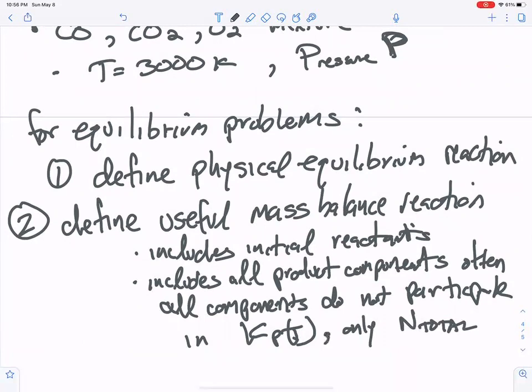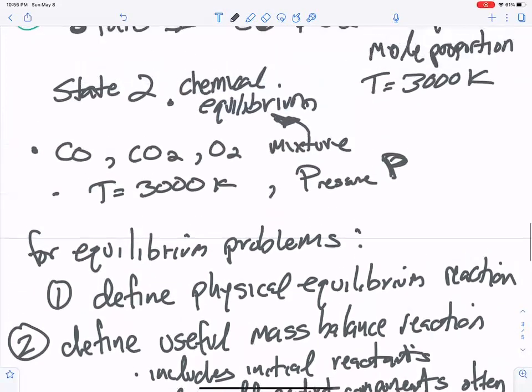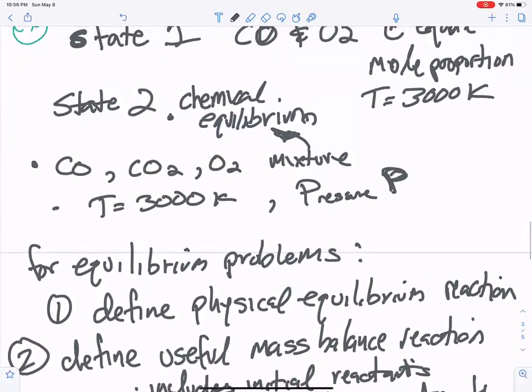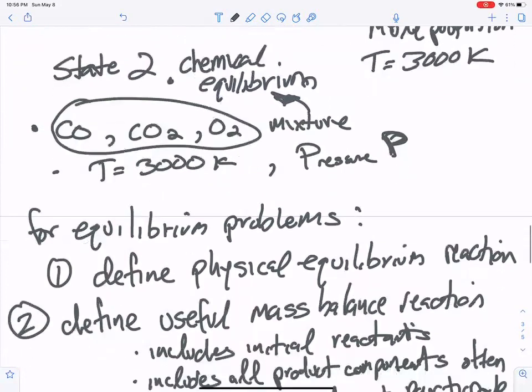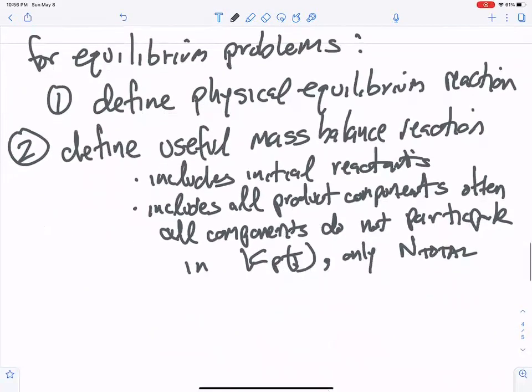And see, when we're talking about this CO2 dissociation, it's only these three things that are participating in the CO2 dissociation. But depending on the problem, you can maybe have water and other details you might want to consider, or nitrogen. If there's air, you have nitrogen, water.